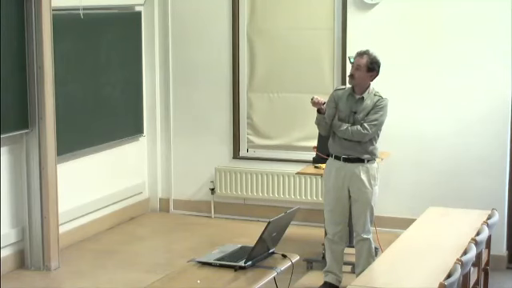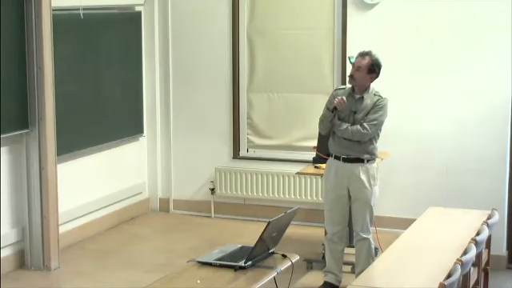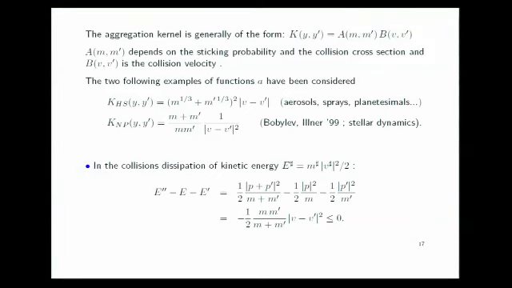But you can also find something different, for example in the context of stellar dynamics, by these authors. And probably you can find different powers here. HS means hard spheres, because here you have a power 1, and NP comes from Newtonian potential, because that comes from a modification of the classical Newton potential.